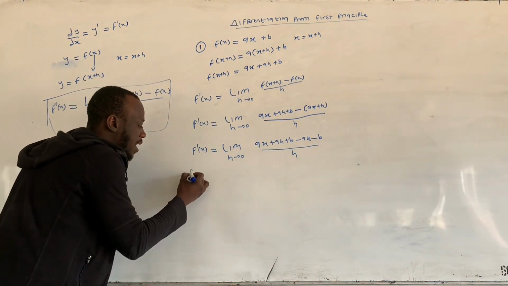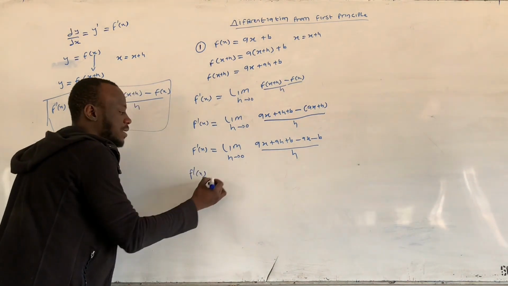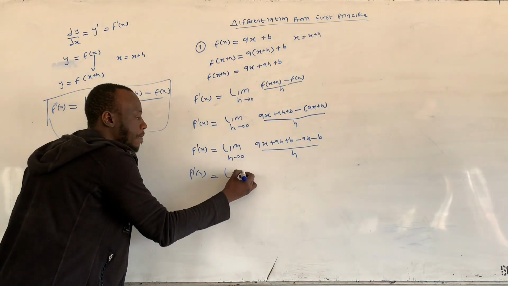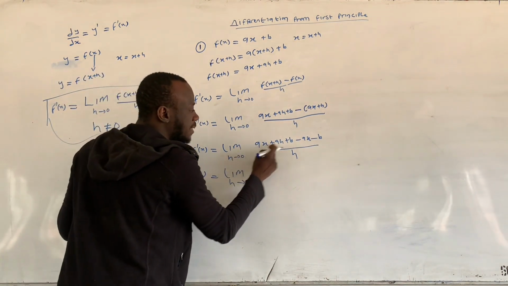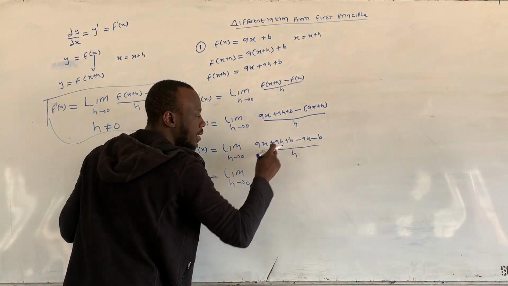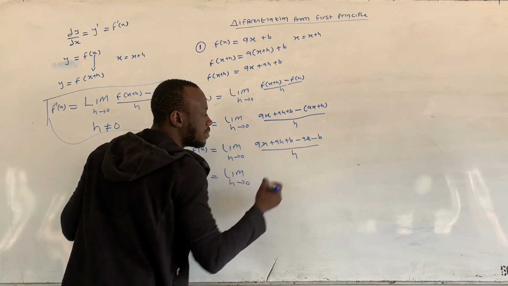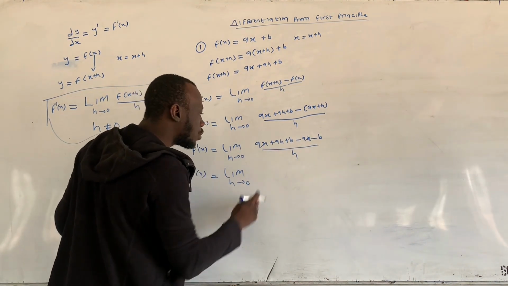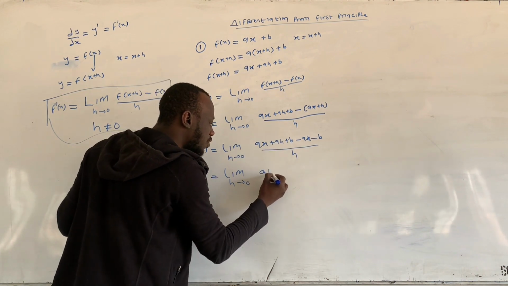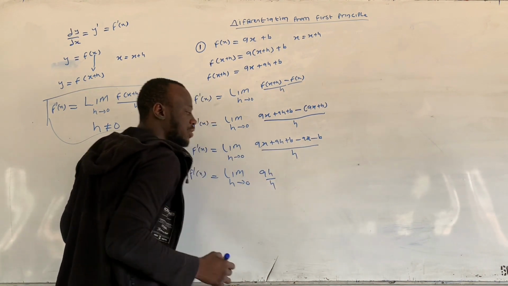So from here I can say that f prime of x is equal to the limit as h tends to 0, and now ax minus ax is 0. This will cancel out, then b minus b again is 0. Now it leaves us with only a over h.